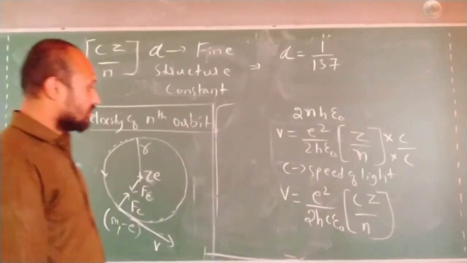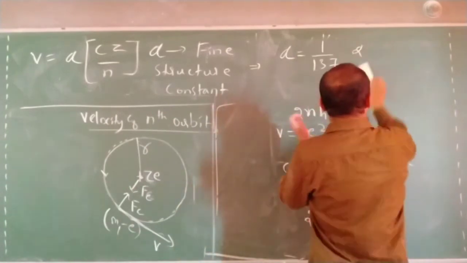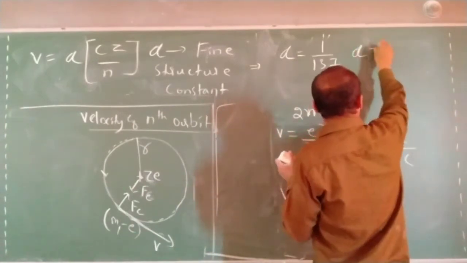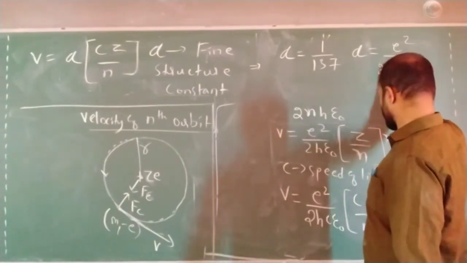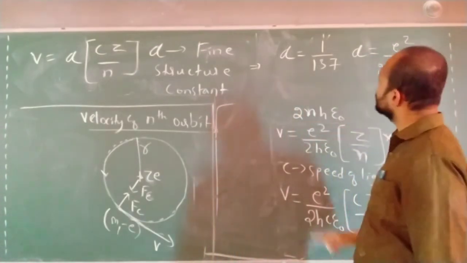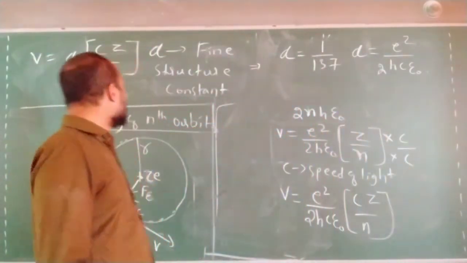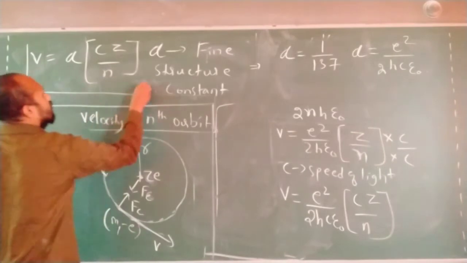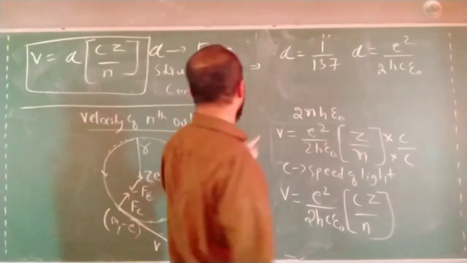Alpha is e square divided by 2h c epsilon naught. This is the value of the strength. And what is the value of alpha? 1 by 37, not 37, 1 by 137. Correct, no? This value is 1 divided by 137.